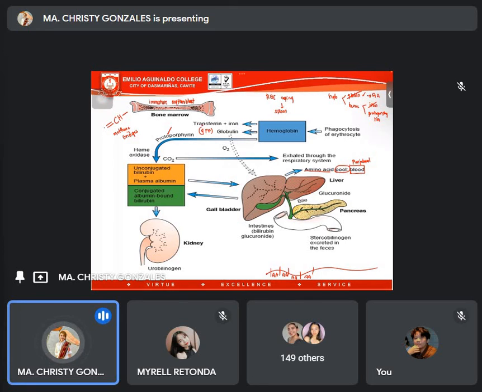So, when it's broken down, the ring will open. When that ring opens, there will be carbon dioxide released from the ring. Now, that carbon dioxide will be expelled from our system through the respiratory tract in the form of carbon monoxide. So what will now happen to the ring itself? The ring is also known as your tetrapyrrole.